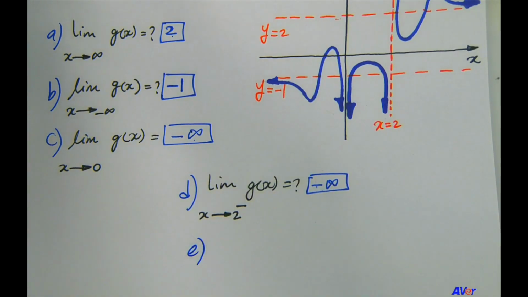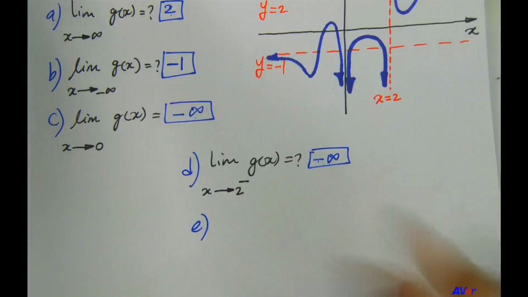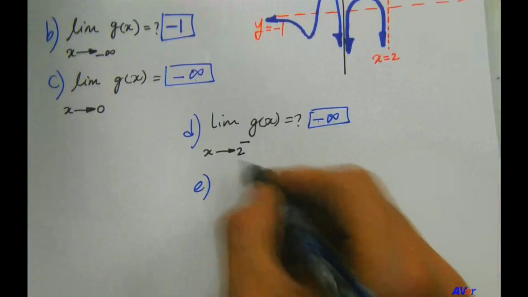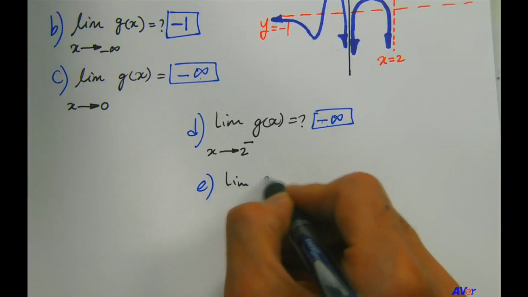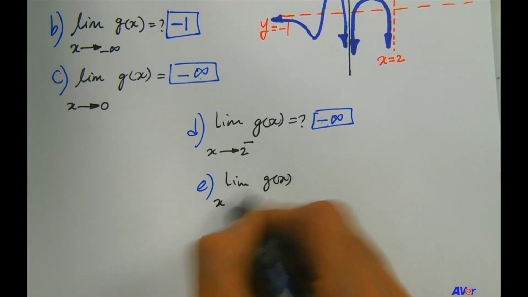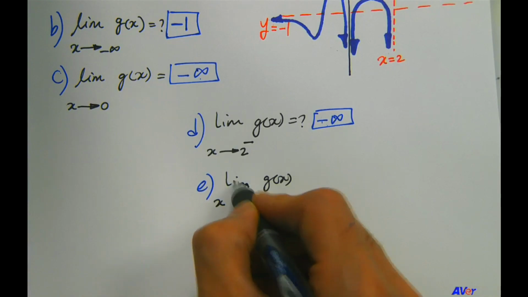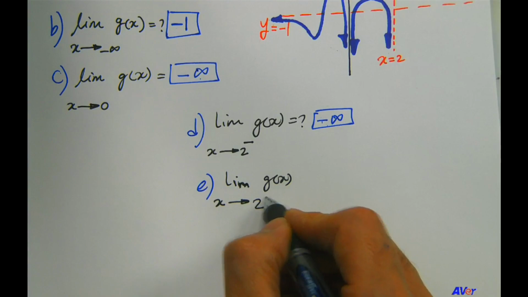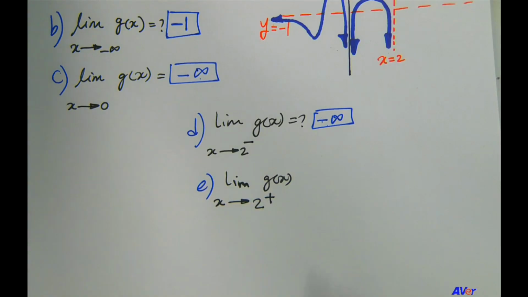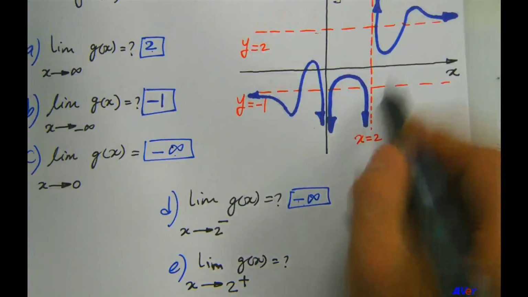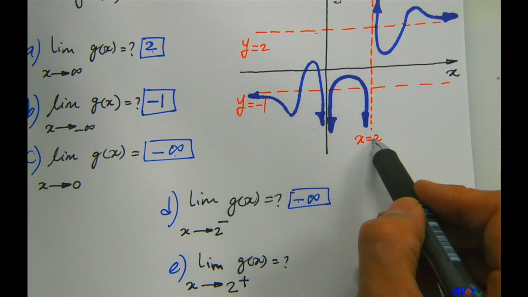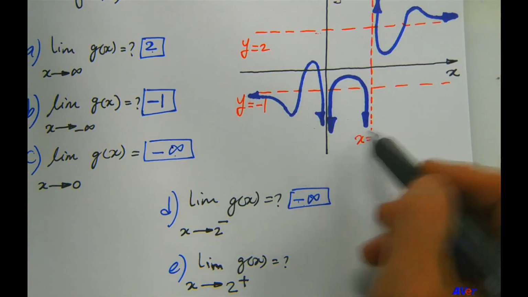Okay, this is the last one for the graph. So we want to know the limit of the function g of x as x approaches 2, guess what? From the right. Okay? So this vertical asymptote is at x equals 2. So from the right, is that this?